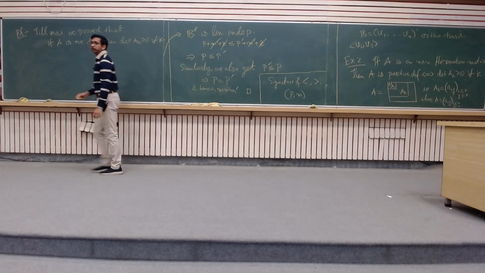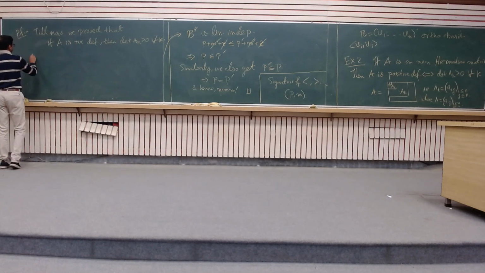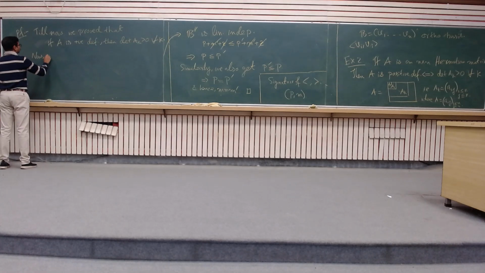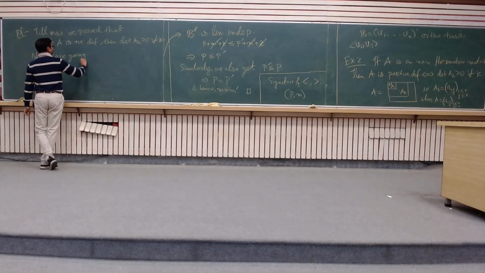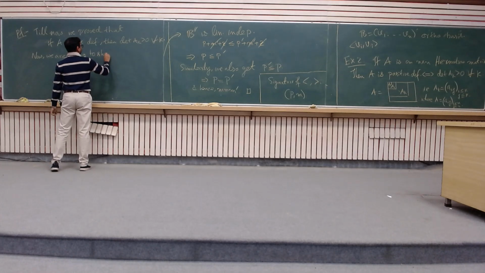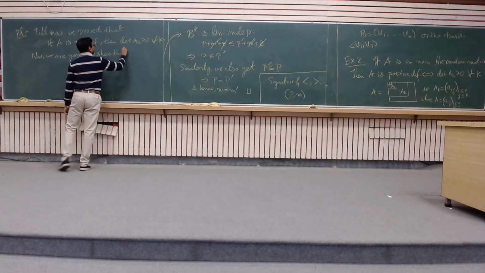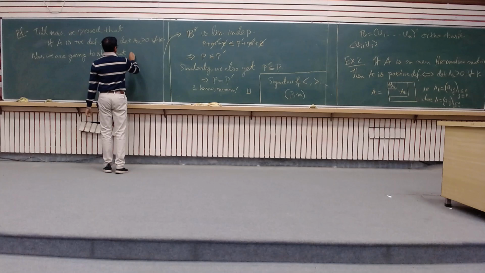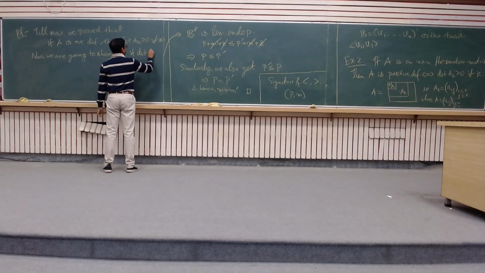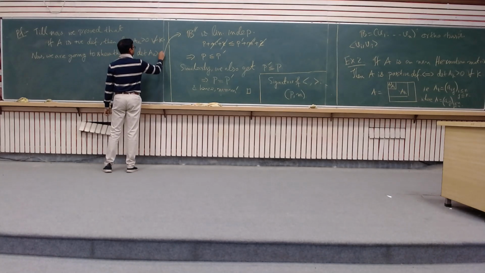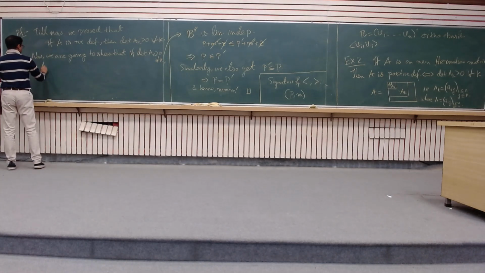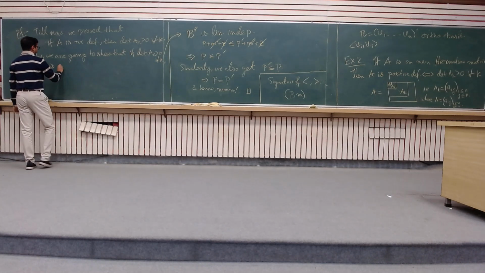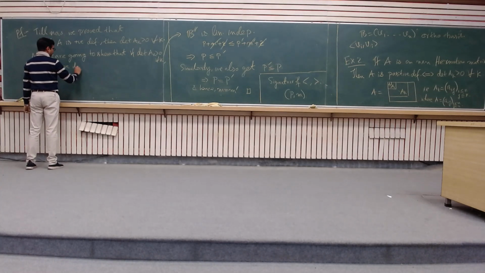Now the converse. We are going to show that if determinant of AK is greater than 0 for all k, A is necessarily a positive definite matrix.